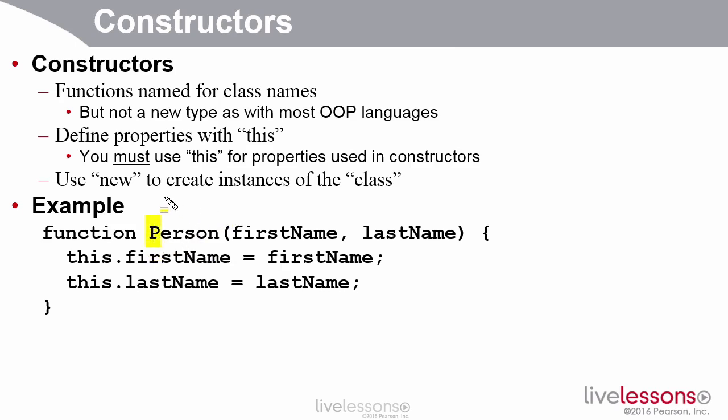Most normal JavaScript functions start with a lowercase letter. It's just a convention. The JavaScript compiler doesn't enforce this, but it's a very good convention, and I strongly recommend that you follow it so that people who come along and maintain your code later understand which of the functions are sort of normal functions and which of the functions act as constructors for building instances of classes.